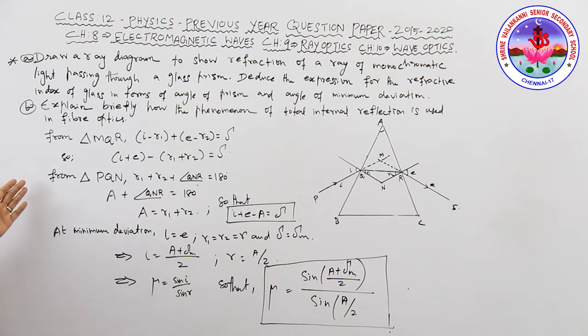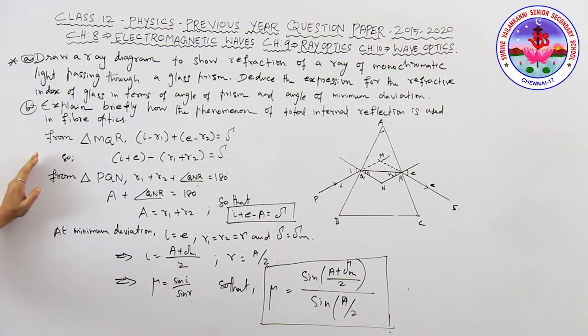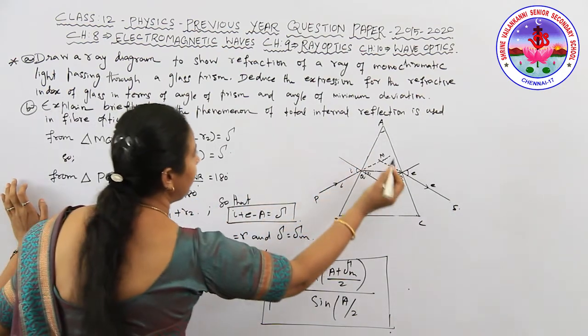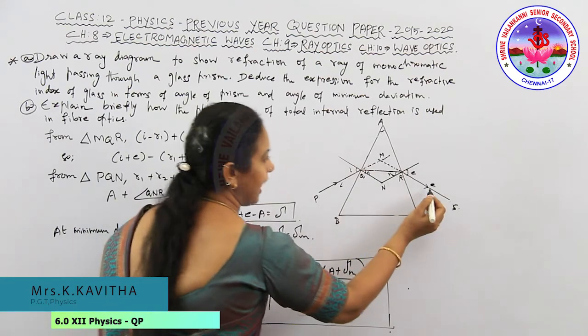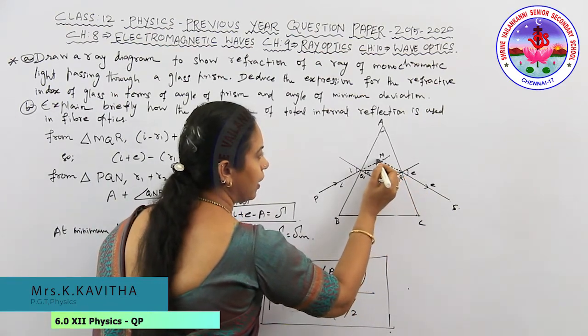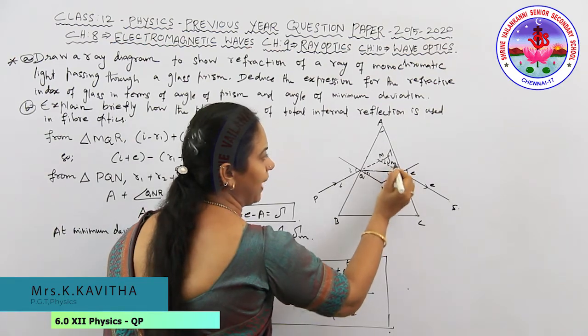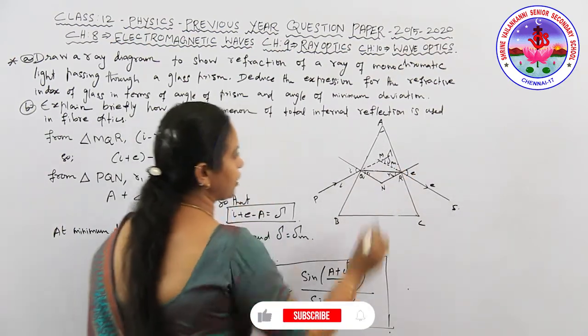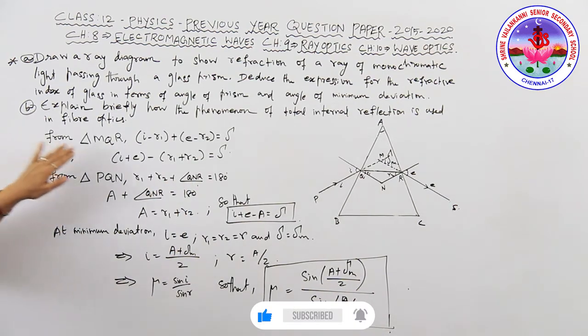Now let us explain the refractive index of the glass in terms of the angle of prism A and the minimum deviation, that is Dm. Here we can explain the minimum deviation. The extended ray of the emergent and the extended ray of the incident meet at one place, that is the minimum deviation, Dm or sigma m, we can say, right?